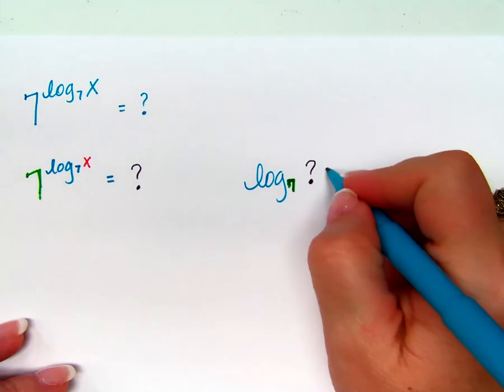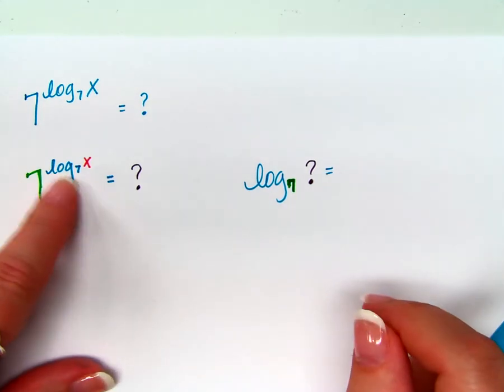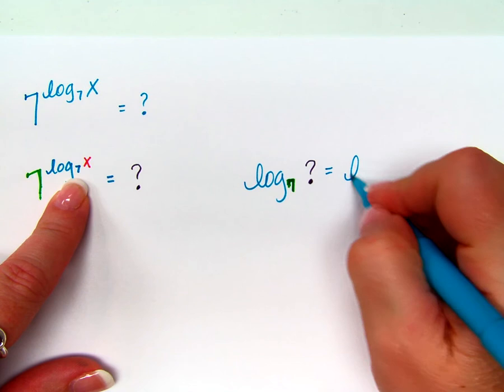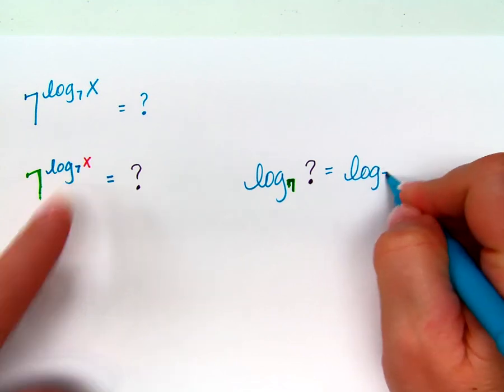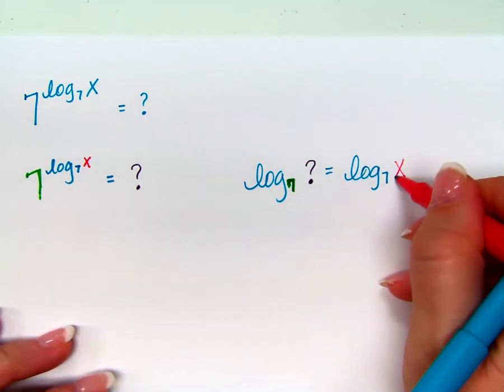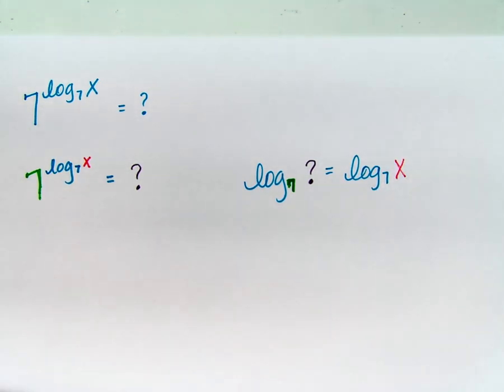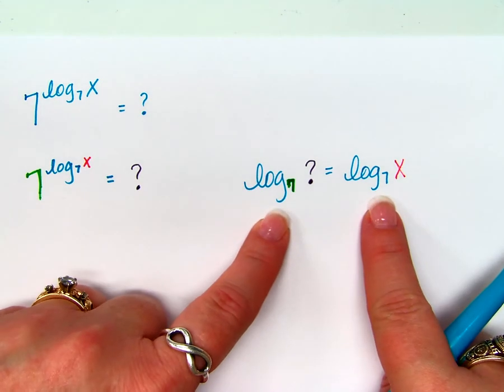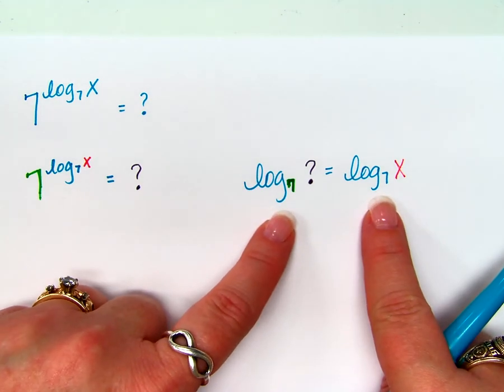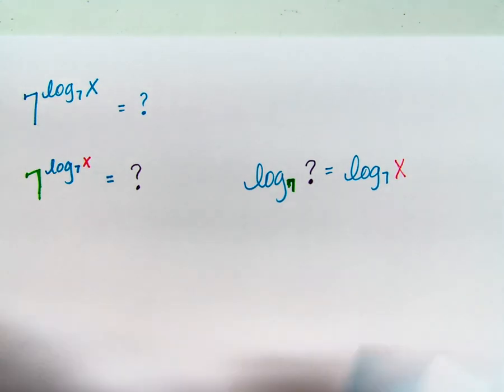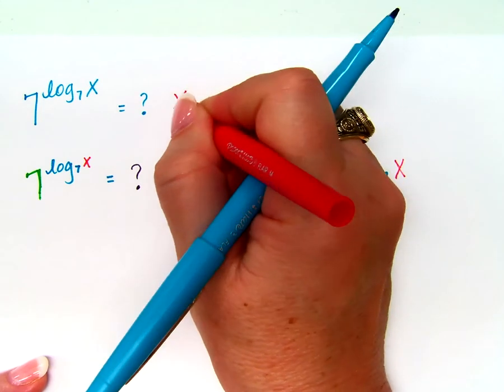Equals what? This thing up here, right? Log base 7 of x. Well, for these two things to really be equal, what does the question mark have to equal? It has to be x, right? So this equals x.